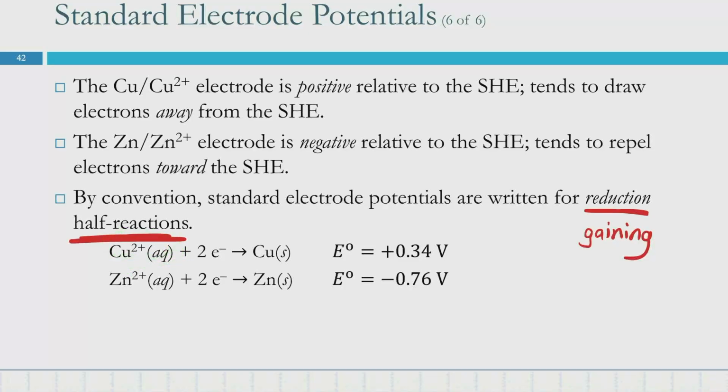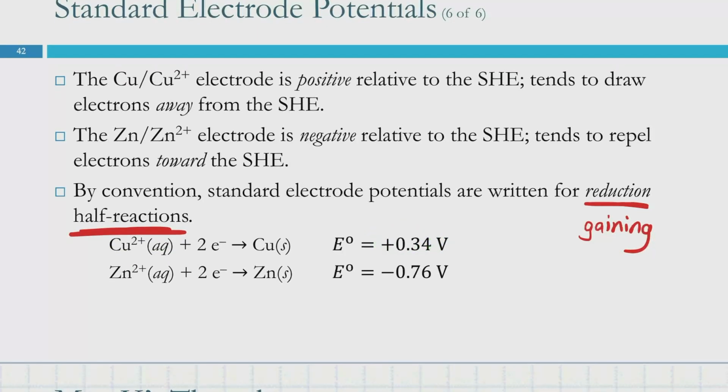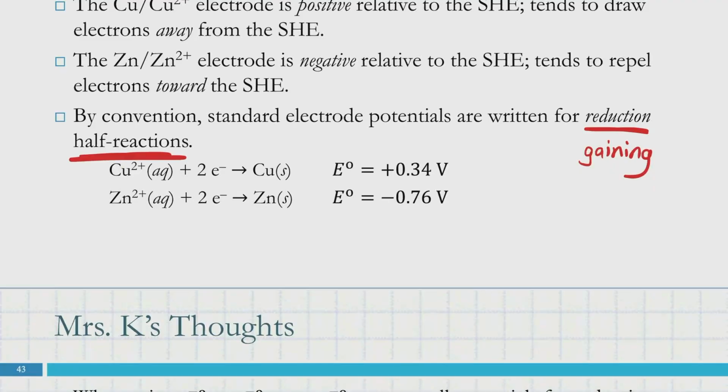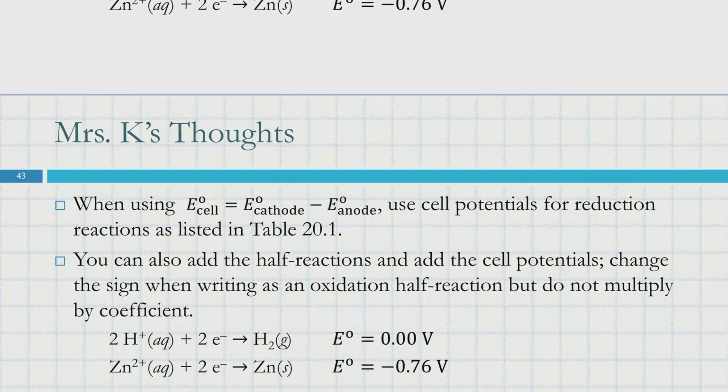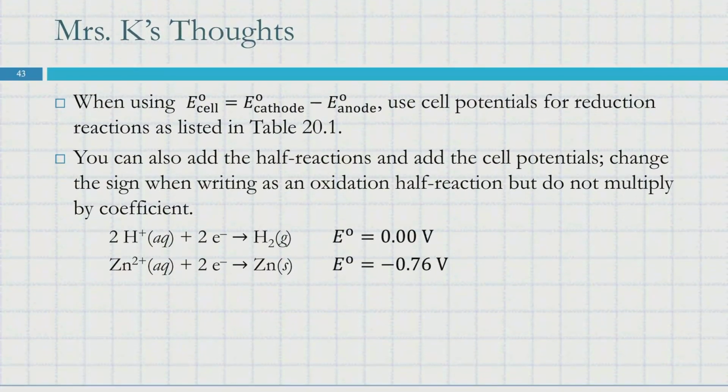So for copper, we have a positive 0.34. For zinc, we've got a negative 0.76. And here are some thoughts. When using this, the standard cell potential is the standard cell potential of the cathode minus standard cell potential of the anode.